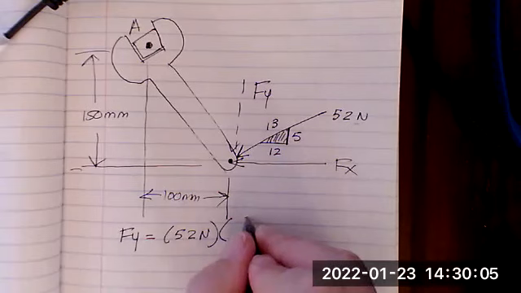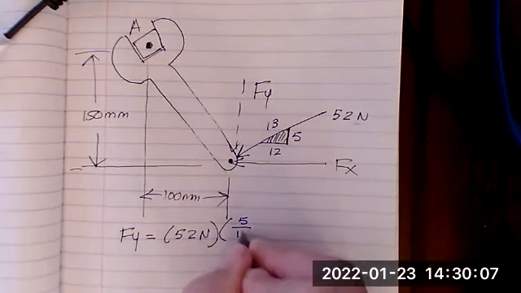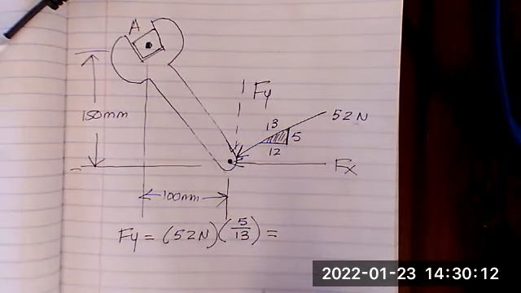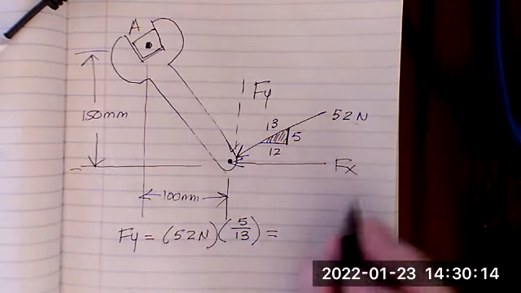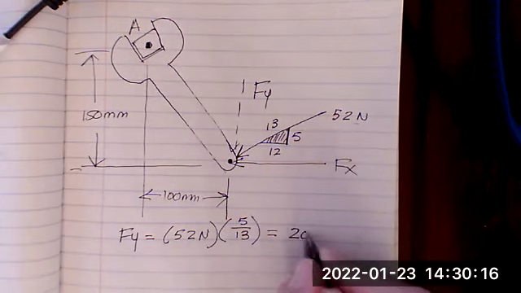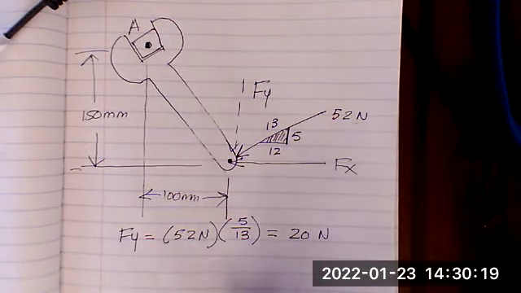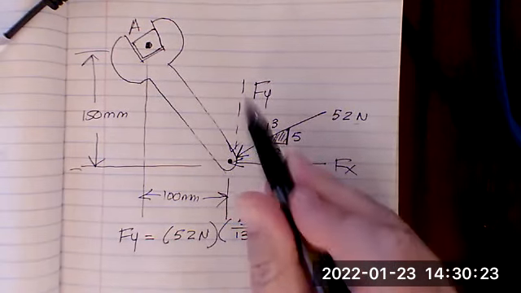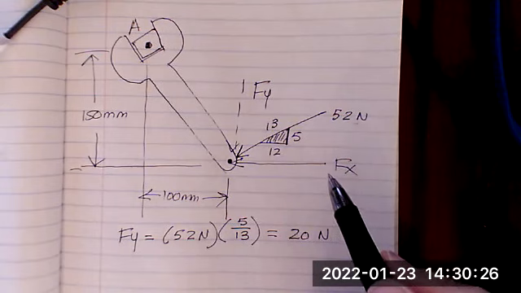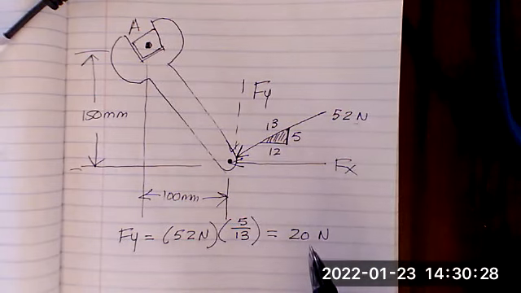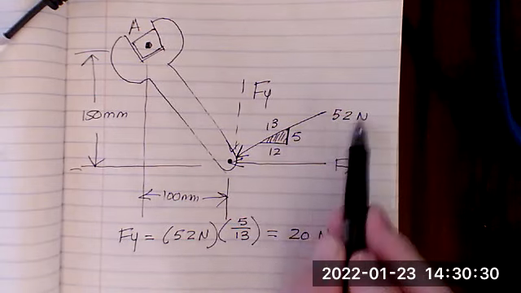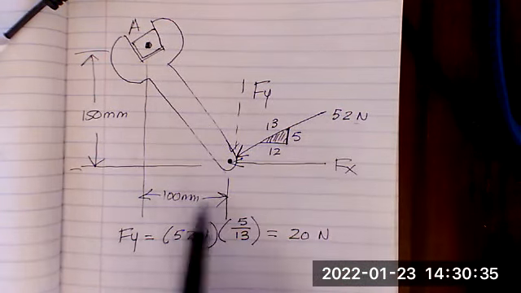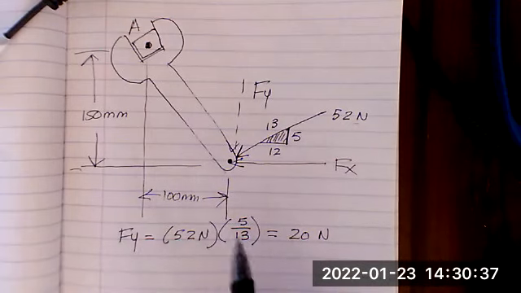So it's 5 divided by 13, and when you do the math here, you're going to get 20 newtons. Again, what I did is I took the side of the force triangle that was parallel to this leg, and you divide that by the hypotenuse, which is 13. So you're breaking up this force into its components. Now, this Fy is perpendicular to 100 millimeters.